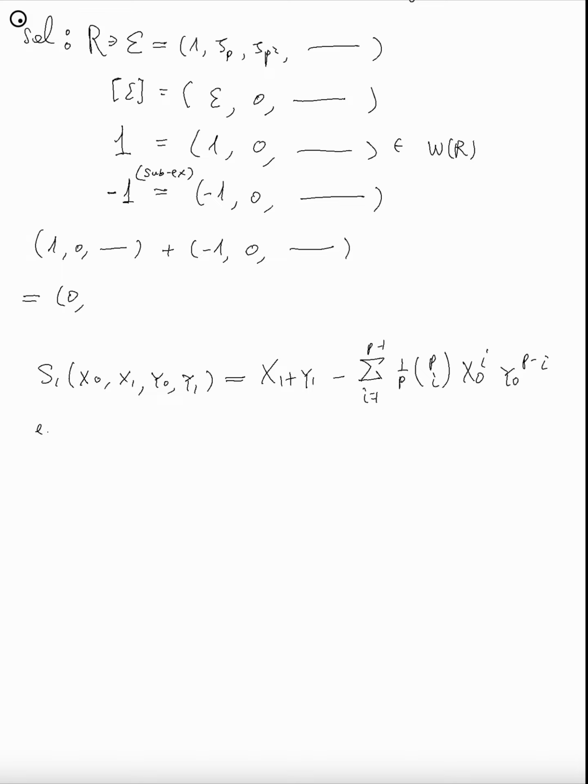Let me just take an example. P equals 3, then this term should be firstly 0 plus 0, and then minus, say, 1 over 3 times 3 choose 1 times 1 minus 1 squared, plus 1 over 3 times 3 choose 2 times 1 squared minus 1, and that's all it is.